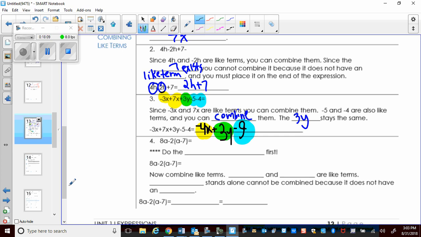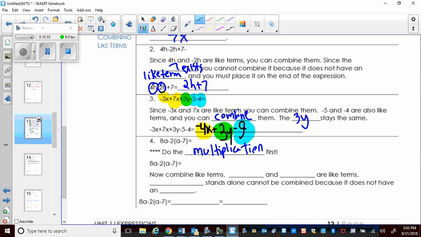So, number 4. We're going to do the multiplication first. It's a great segue into the distributive property. So 8a minus 2a minus the quantity of minus 2 times the quantity of a minus 7.